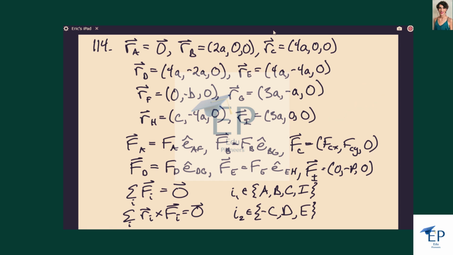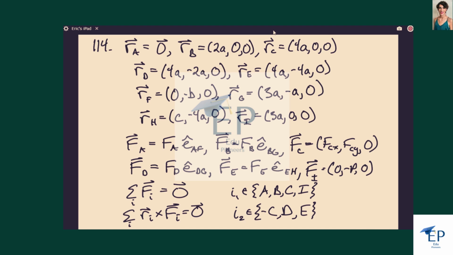And then force E connects point E to H, so it has a magnitude E and a direction EH, which happens to be in the negative X direction. And then the external load has a magnitude P in the negative Y direction.